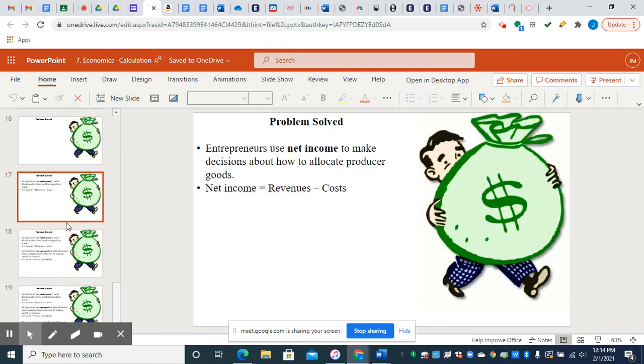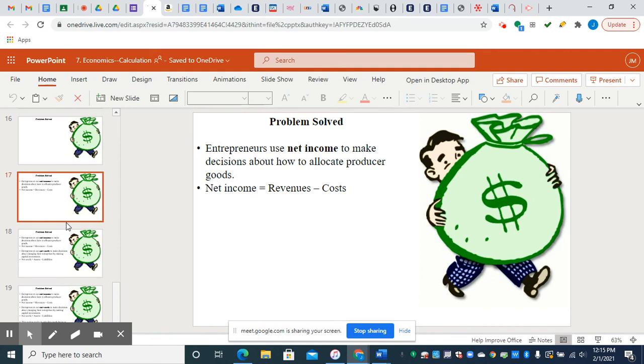Okay, so entrepreneurs can use net income, meaning how much money they make overall, to make decisions about how to allocate producer goods, meaning they can decide how to get things to people. So to get net income, you do a simple calculation. You look at how much the business has made minus the costs, and that's how much net income has come into the company.